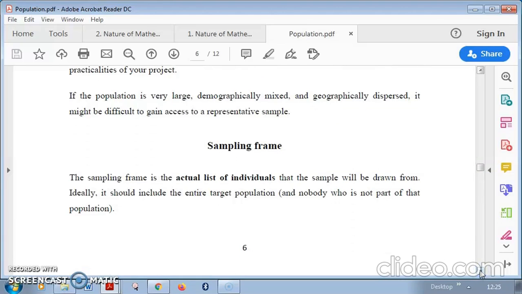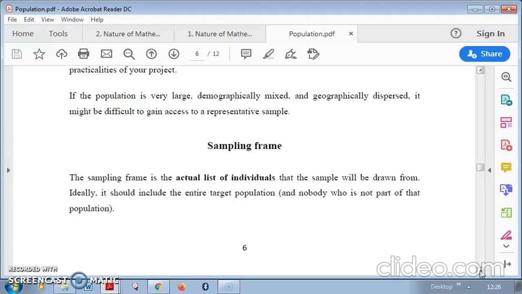Sampling frame. The sampling frame is the actual list of individuals that the sample will be drawn from. Ideally, it should include the entire target population and nobody who is not part of that population. So you should list everything. For example, I want to take all students of Central University of Tamil Nadu.